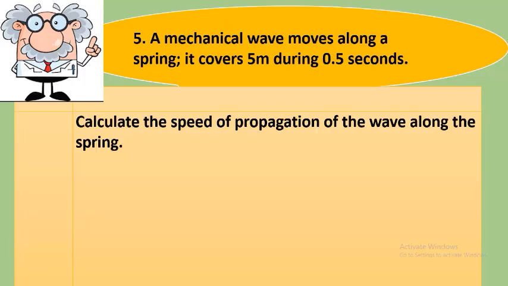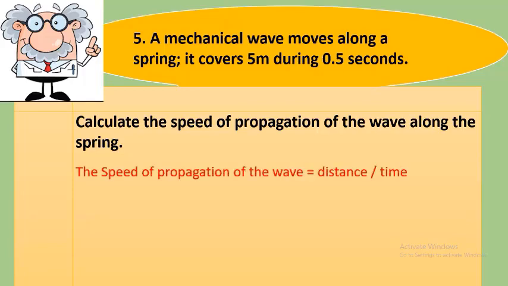Now, in order to calculate the speed, we need to use the speed or velocity formula. And we all know that the speed of anything is the distance covered divided by the time taken. In this case, we have 5 meters being covered in 0.5 seconds.